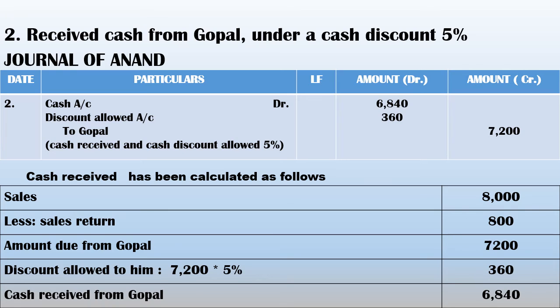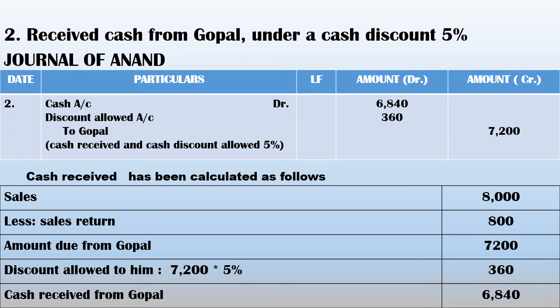Now this 7,200, which Gopal was supposed to give to Anand, Anand is now allowing a 5% cash discount. So 5% of 7,200 is 360. So after deducting this 360 from 7,200, we get 6,840.